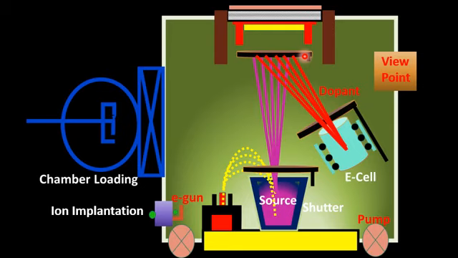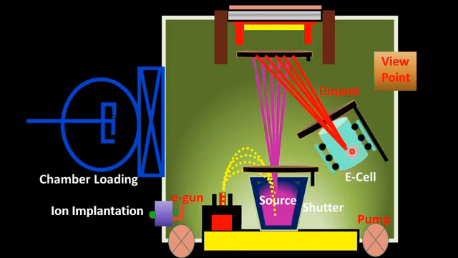Now coming to the additional setups which are used in molecular beam epitaxy systems. Dear students, please note that a molecular beam epitaxy system can also include an ion implantation setup. Usually the dopant is introduced in MBE via the effusion cell, which is based on thermionic emission.